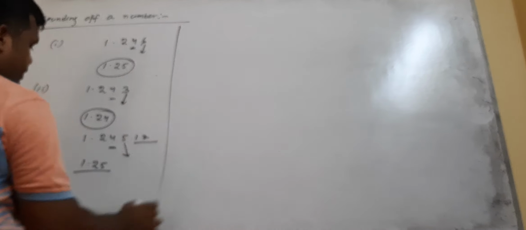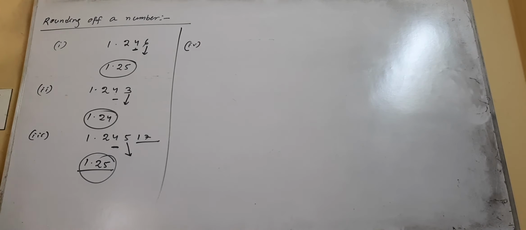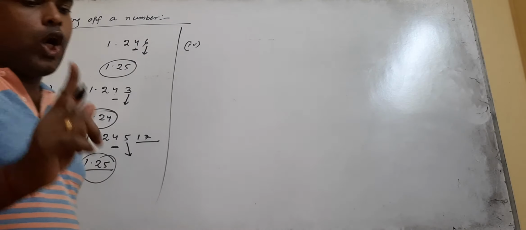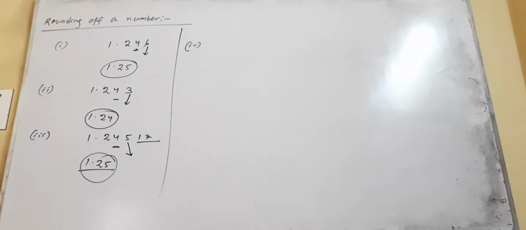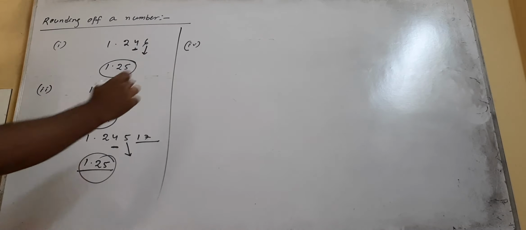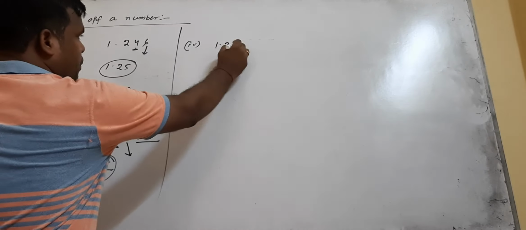Next, if the digit to be dropped is 5, then the preceding digit will be increased by 1 if it is odd and remains unchanged if it is even. That means 1.245.